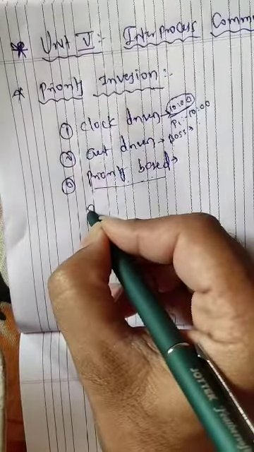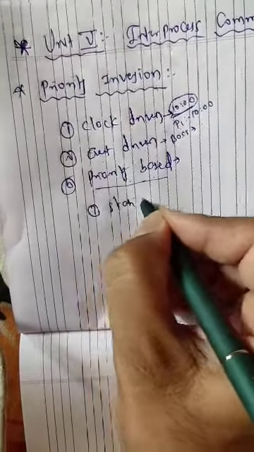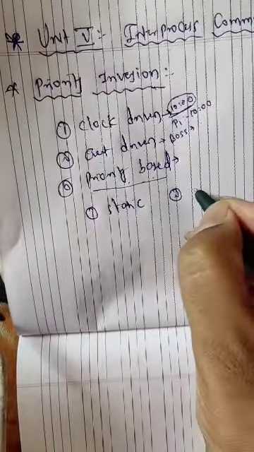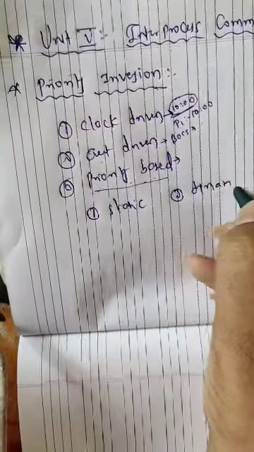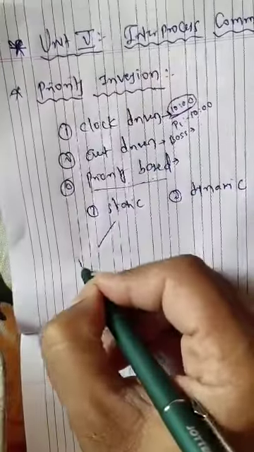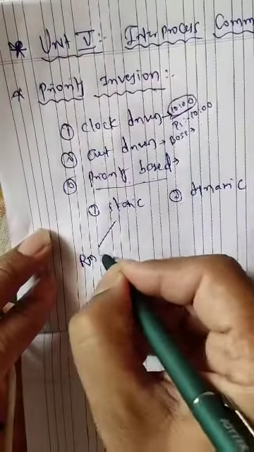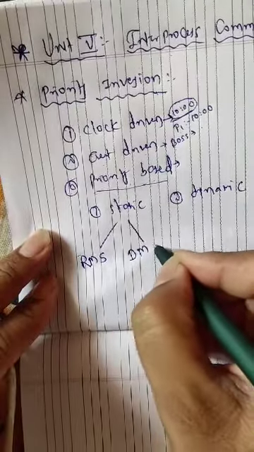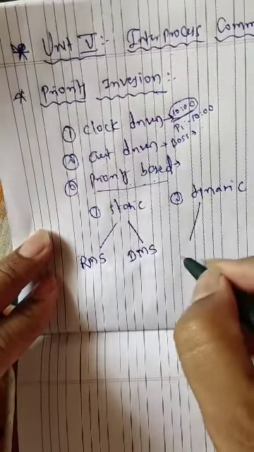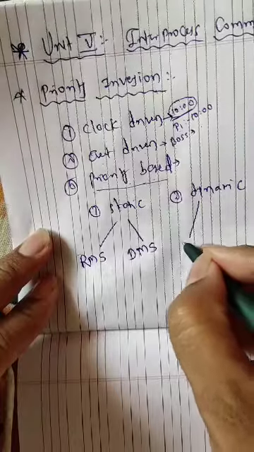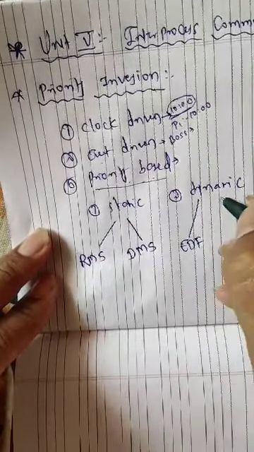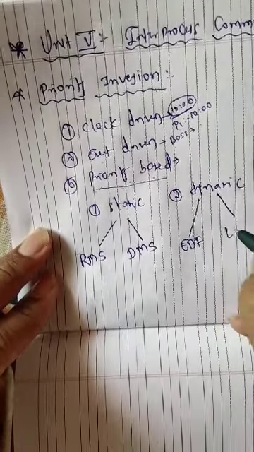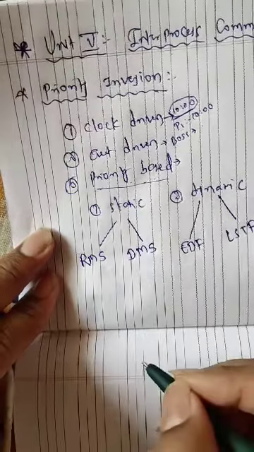The first is static scheduling and the second is dynamic scheduling. Under static, there are two main algorithms: rate monotonic scheduling and deadline monotonic scheduling. In dynamic, there are also two important algorithms: earliest deadline first and least slack time first.